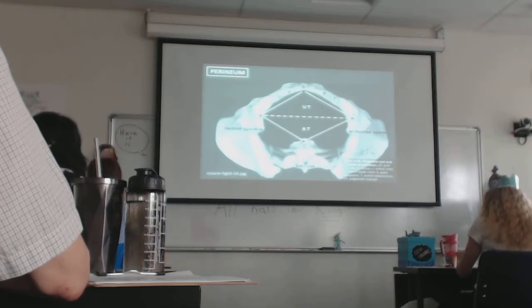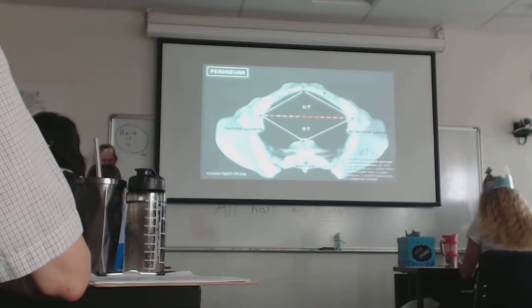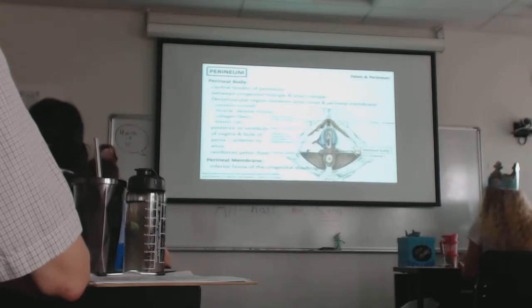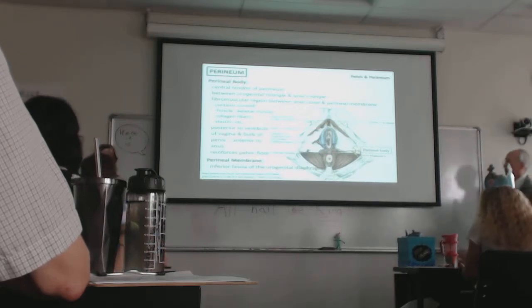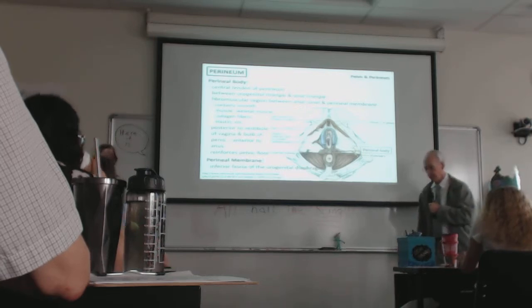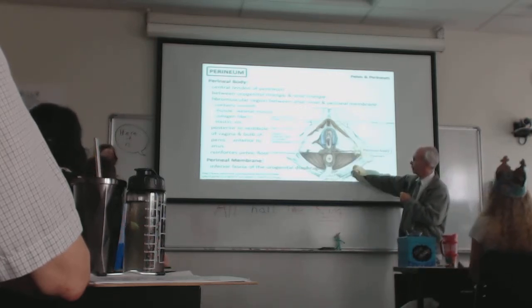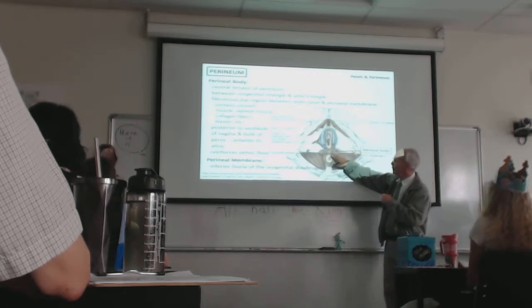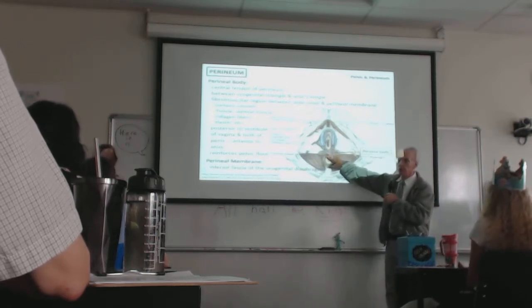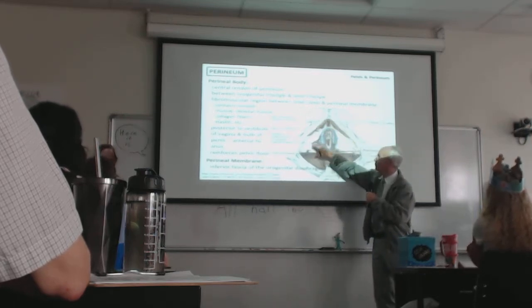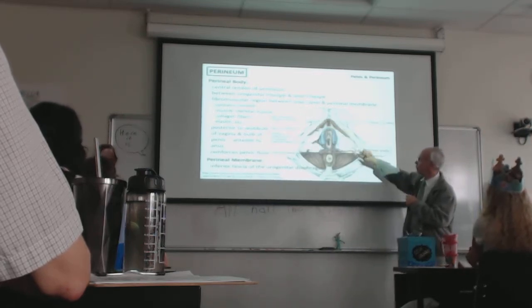Now, this dividing line here is rather important structurally because it's the site of this structure right here called the perineal body. You're going to have patients that have problems with the integrity of the pelvic diaphragm. And when that happens, it usually happens because there's an issue right here in this fibrous tissue, or because there's some type of congenital detachment peripherally with the perineal membrane.